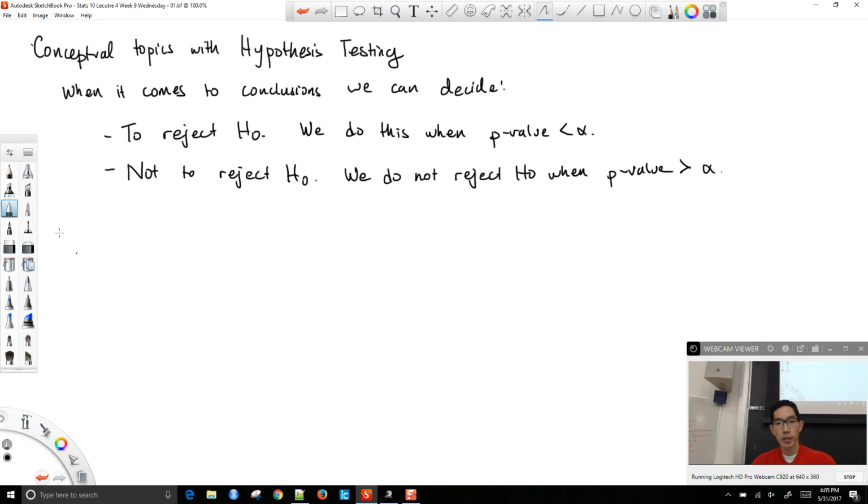All right, and so in the ideal scenarios, ideally, what happens? Okay, if the null hypothesis is true in reality, what is the conclusion we will make?